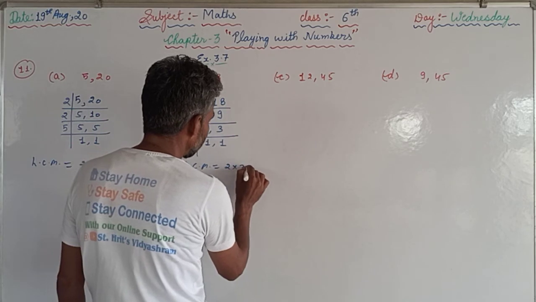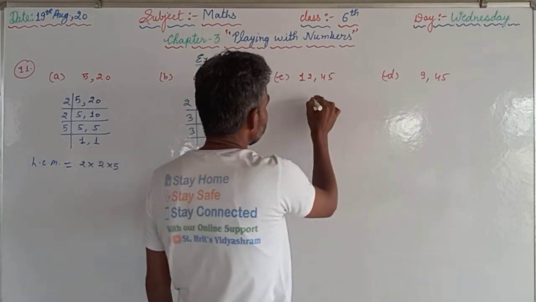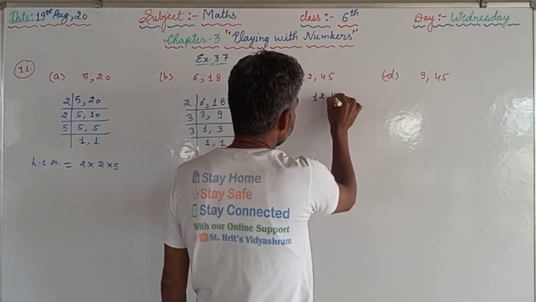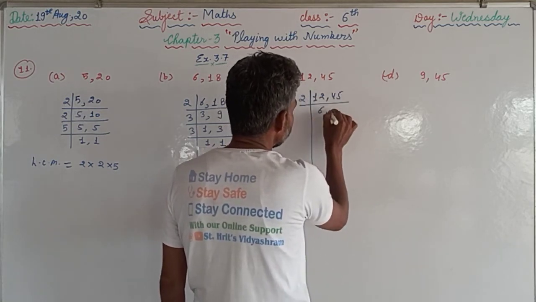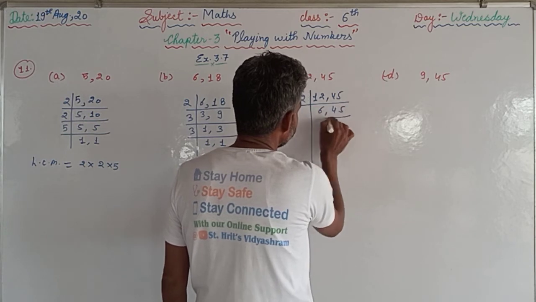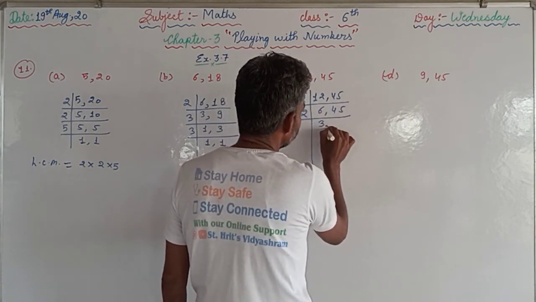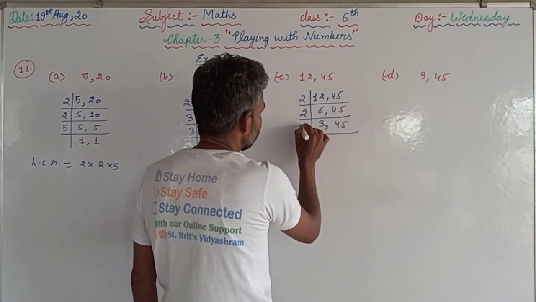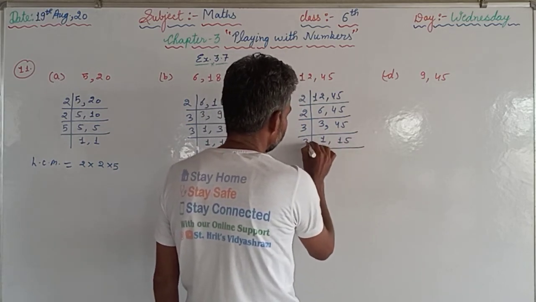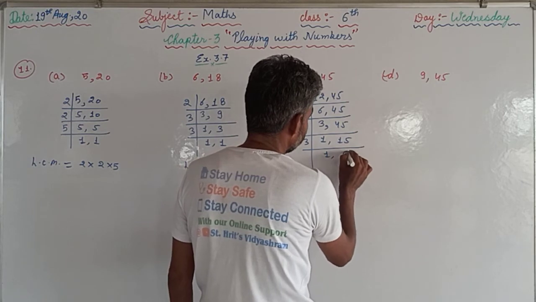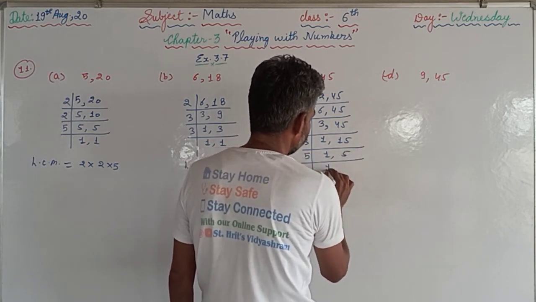Then LCM will be 2, 3, 3. Here 12, 45. Again we will start with 2. 2 sixes are 12, and 45 will be there. Then again 2. 2 threes are 6, 45. Now by 3. 3 ones are 3, 15, and 3. Again by 5.